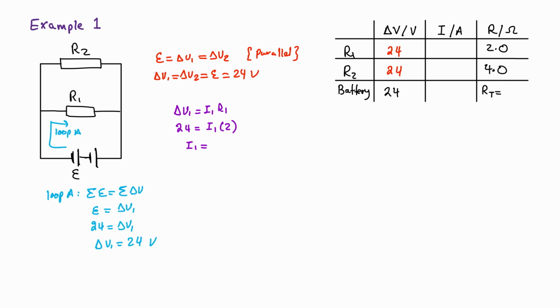Divide both sides by 2 and I get I1 is 12 amps. Delta V2 is equal to I2 R2. Delta V2 is 24, I2 I don't know, R2 is 4. Divide both sides by 4 and I get I2 is equal to 6.